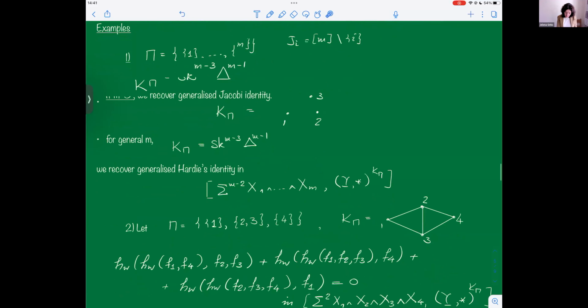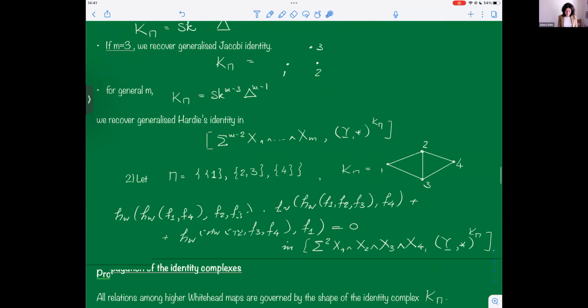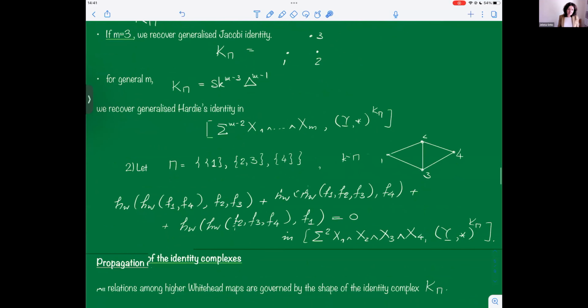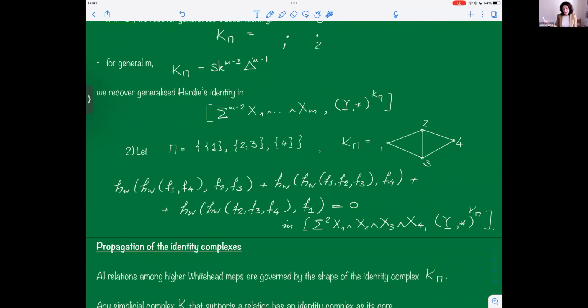Just to give you one non-trivial example, if we look at a partition of a vertex set on 4 elements, then our identity complex is this simplicial complex that is kind of 2 triangles glued together back to back. Then we obtain a relation of this form.